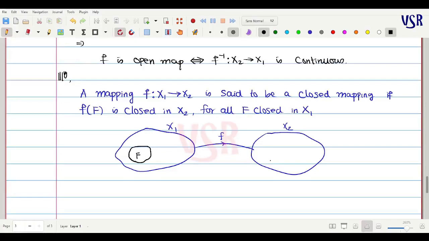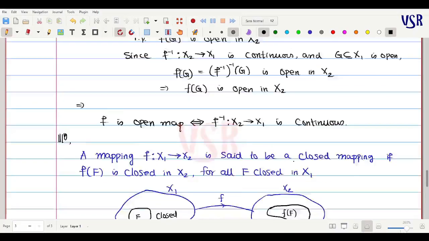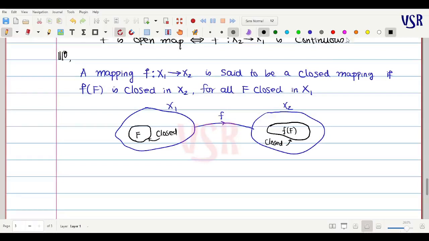Then f of capital F, see, this is my f of capital F. If this is closed, then we will have that this is also closed. So in the same way as the previous theorem, this theorem can be proved. So I leave this as homework.